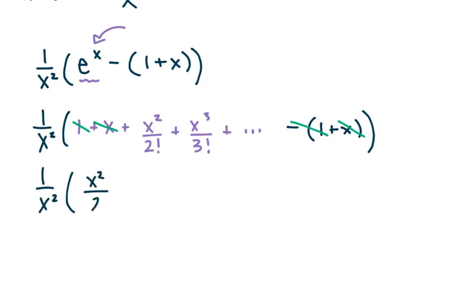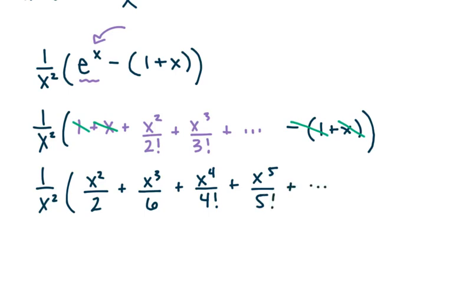times x squared over 2 factorial, which is 2, plus x cubed over 3 factorial, and 3 factorial, 3 times 2 times 1, is 6, plus x to the 4th over 4 factorial, x to the 5th over 5 factorial, and it would continue going to some nth term, x to the n over n factorial.